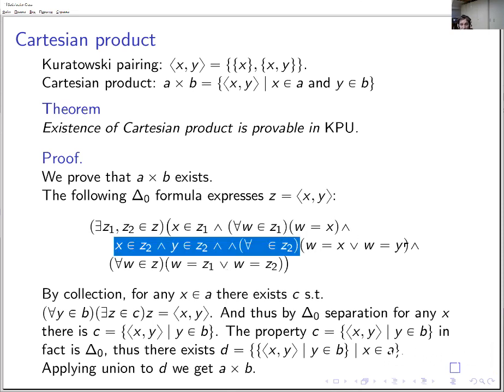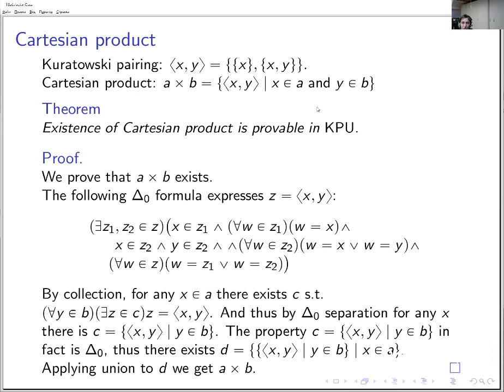Then we have this definition for Z2, that it is the set consisting of x and y. And finally we say that all elements of Z are either Z1 or Z2. This delta zero formula defines the property that Z is equal to the pair xy.